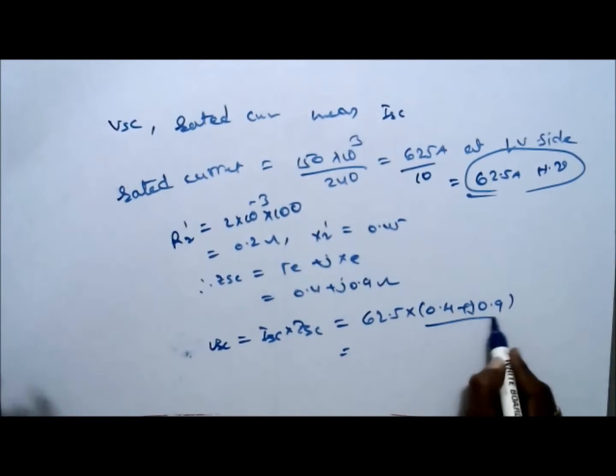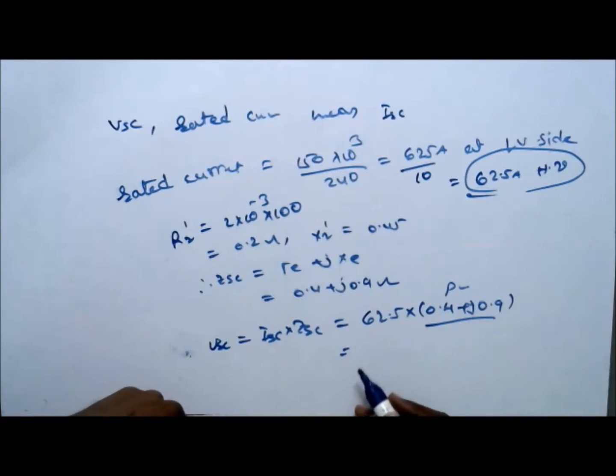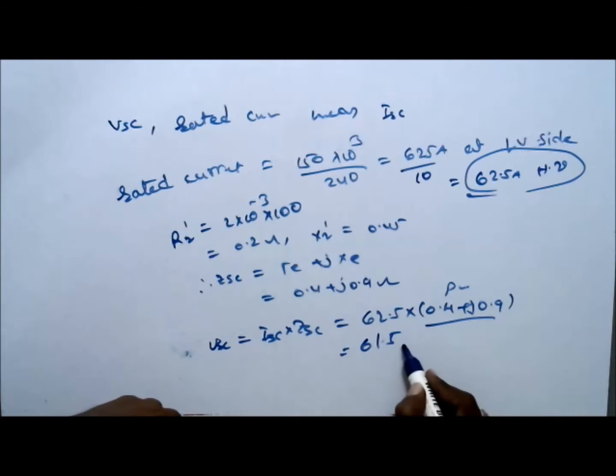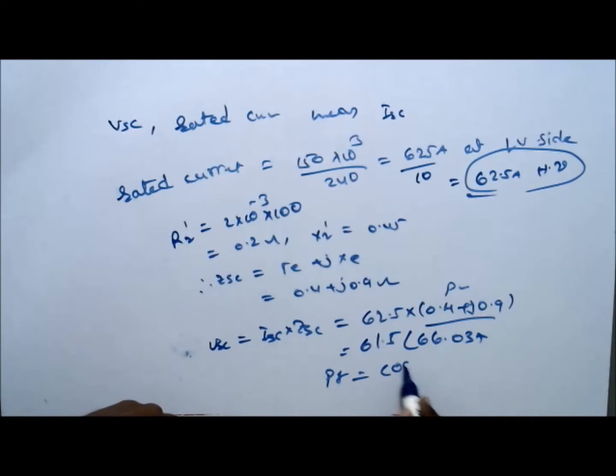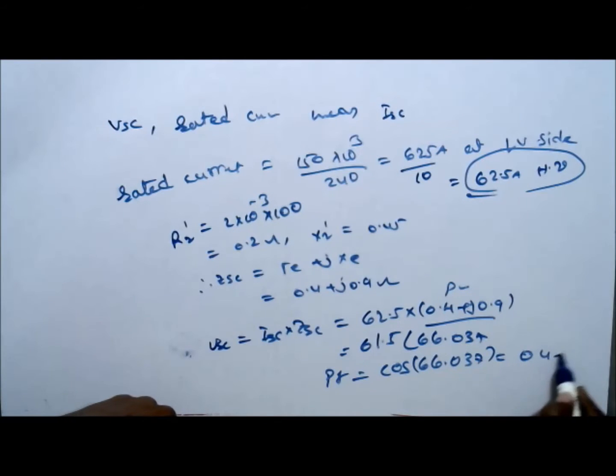Convert this to polar form and we will get 61.5 at an angle of 66.037 degrees. So the power factor is equal to cos of 66.037, that is equal to 0.4 lagging, because it is an inductive load.